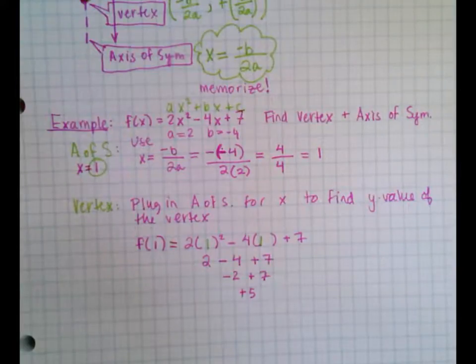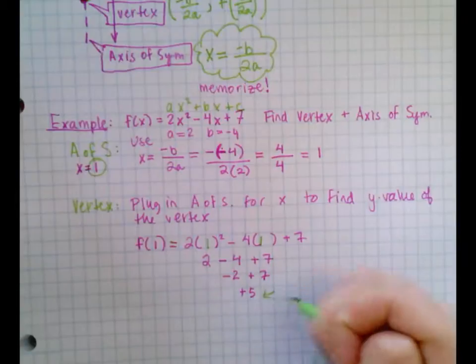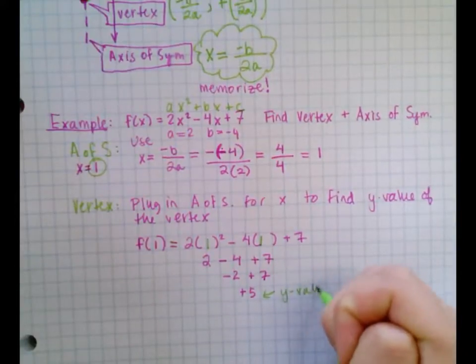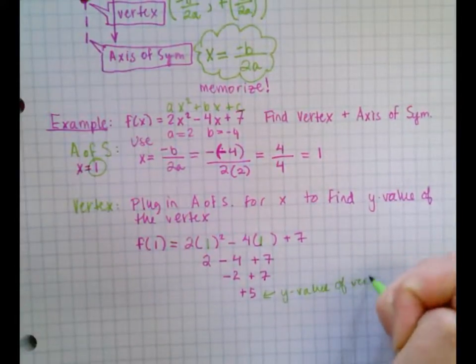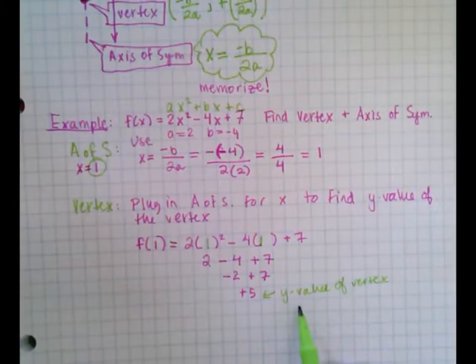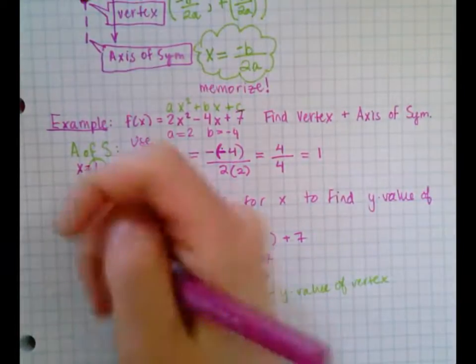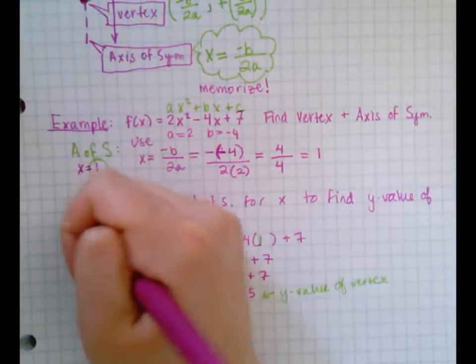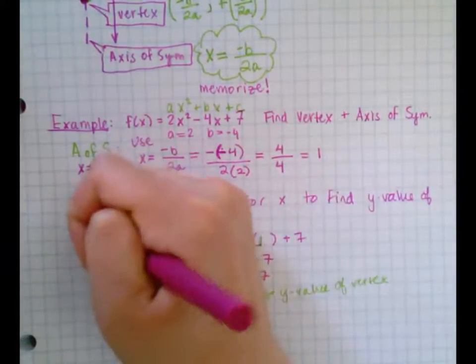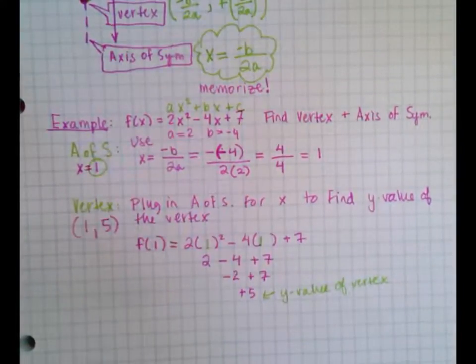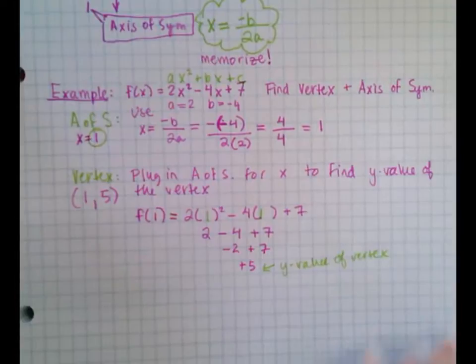Okay, so now if I ask what is the vertex? Well, this is the y value of the vertex, and the x value is the value we already found in the axis of symmetry, the 1. So my vertex is the point (1, 5). Now that we've done all this work, one other thing we can do is write the quadratic in vertex form, because now we know the vertex.